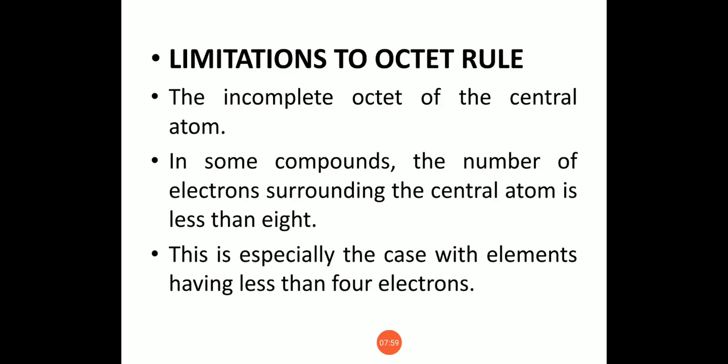This is due to the number of valence electrons being less than 4. That is why some elements have incomplete octet in their molecule.